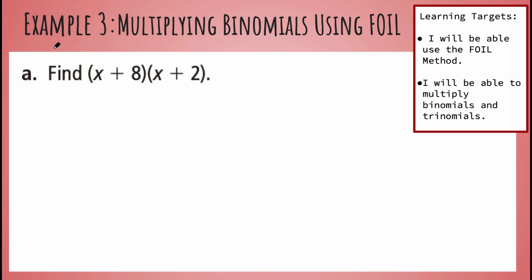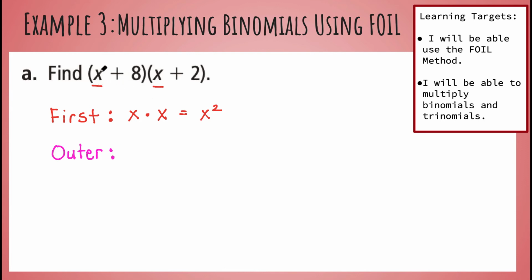When we use FOIL, this is another great opportunity for you to use some color coding in your notes or some symbols. So the first terms multiplied together, I'm just going to write them out and I'm going to color code. So this is going to be the first term in each of the binomials. So I'm multiplying x times x, and when I do that, I get x squared.